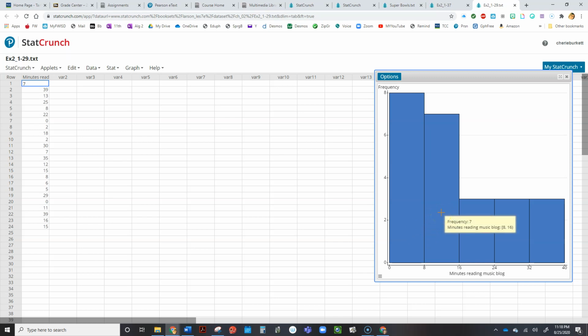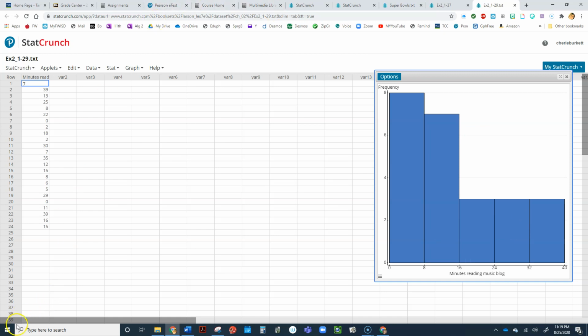And then the next class is going to be 8 to 15. So you would put 8 to 15 as your class limits, and in the frequency, you'd put 7. And your class limits would be 16 to 23 with a frequency of 3. So you can build a table out of this rather than having to draw a histogram, but the histogram gives you the information about the table.